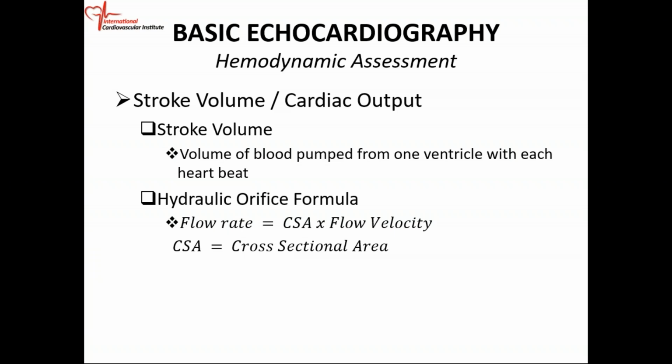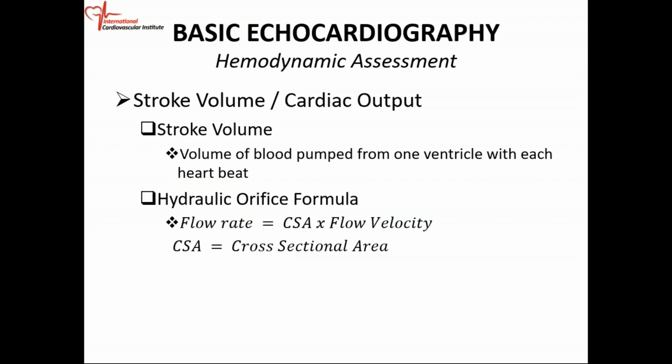In diastole, the left ventricle fills with blood. In systole, it pumps the blood out. If you want to calculate the amount of blood that was pumped out, all you have to do is get the volume of blood in diastole and subtract from that the volume of blood in systole, and the difference is your stroke volume.